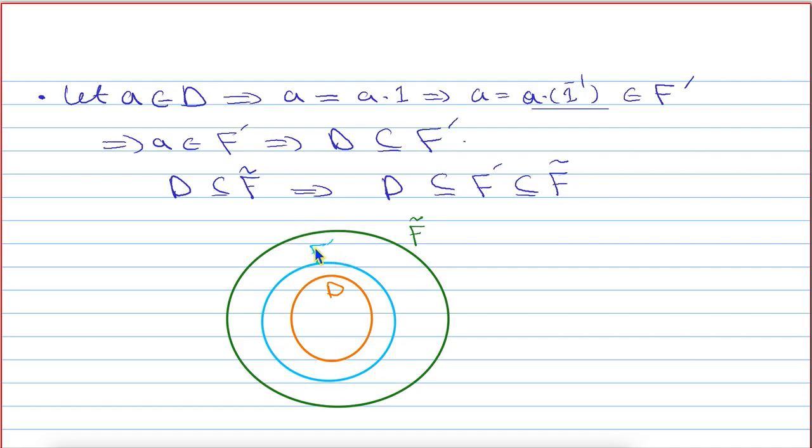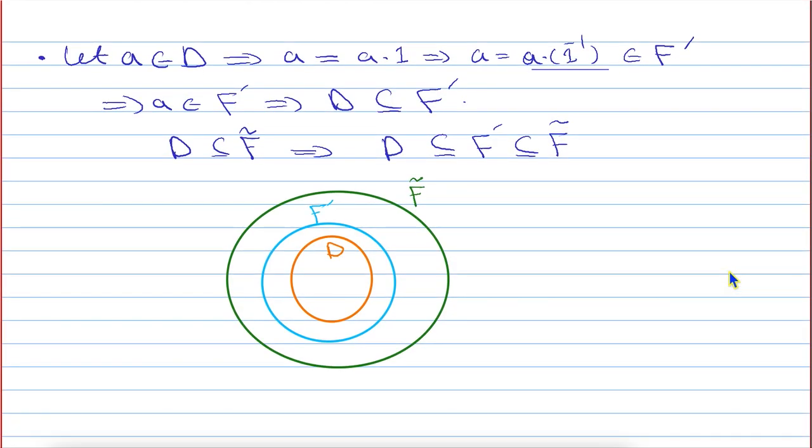The proof is easy: if we take some element x in F prime, we want to show it must be in F tilde.